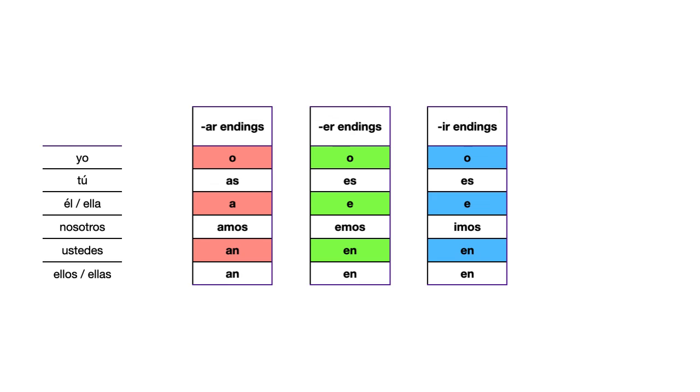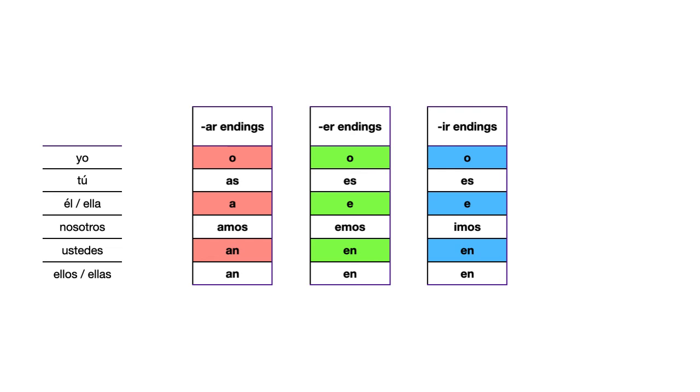They are the ones we're going to add to our stem in order to obtain the correct conjugation of these verbs, right? The first one you should know by now: o, as, a, amos, an, because those are the ar endings. Let's compare them. This is information I already gave you in the other slides.